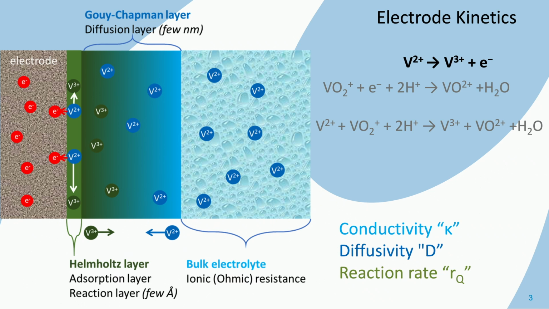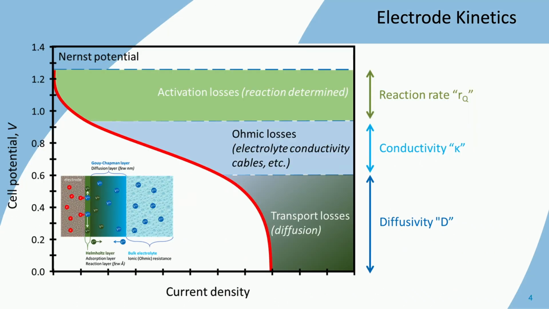This kind of mechanism will also happen at the positive electrode and actually is very general for all kinds of electrodes in batteries. The diffusion and reaction are time-dependent processes and therefore will influence the power performance. So if we plot the measured voltage versus the current and thus the power, we can identify indeed these three different mechanisms.